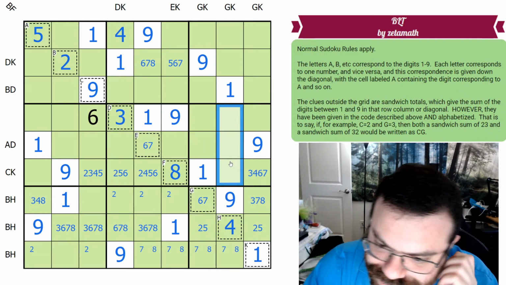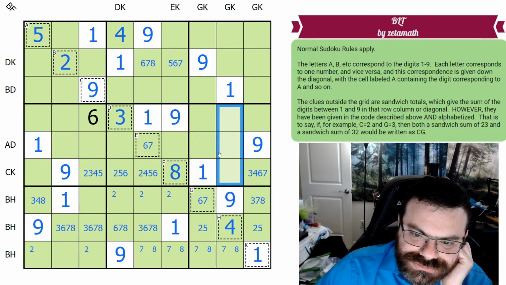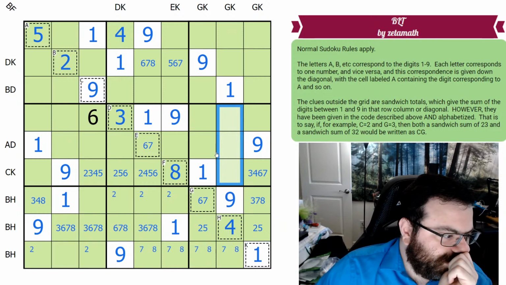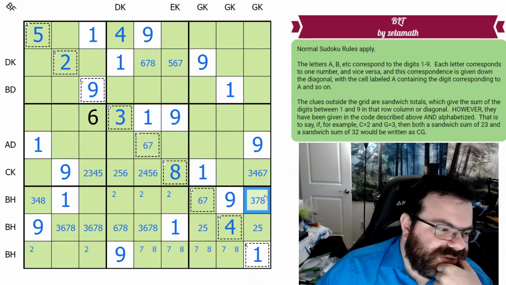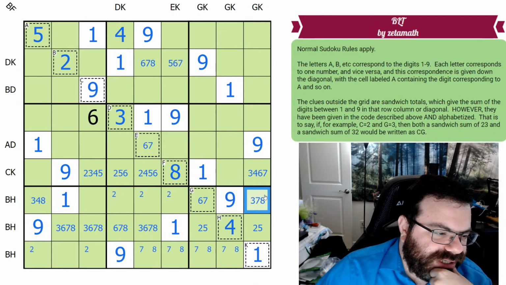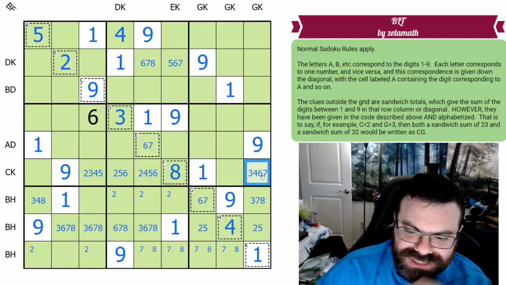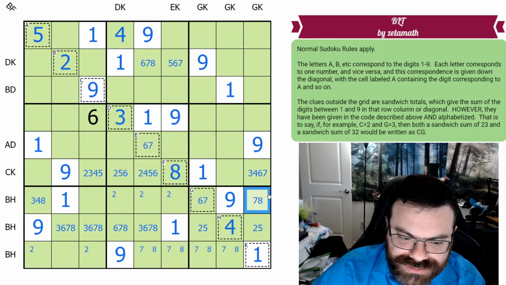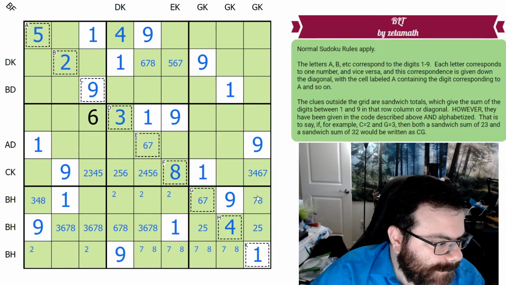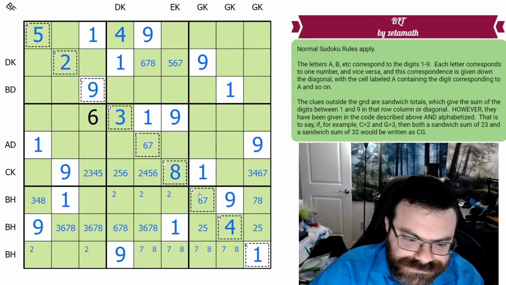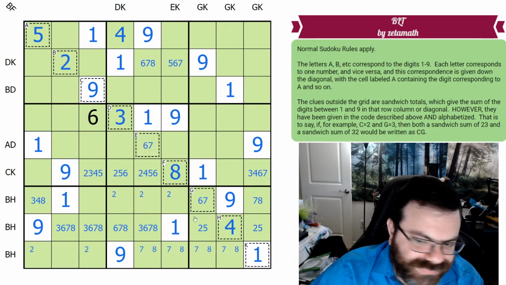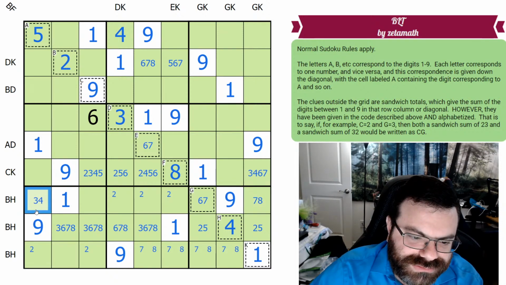If I knew what it added to, it would be more helpful. Oh, right. Actually, the only way it was 3 was 5, 3, 8. But this can't be 8. So this is not a 3. That's something. So if that's not 3, that's not 8.